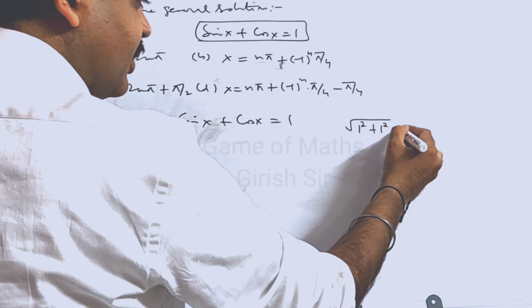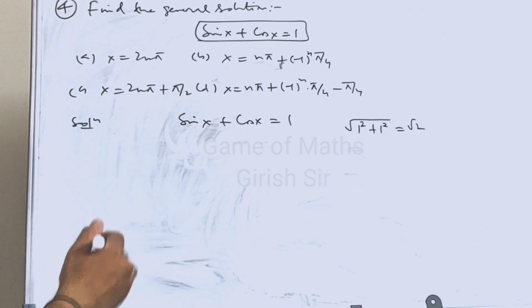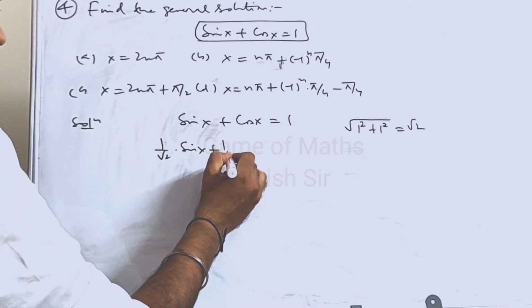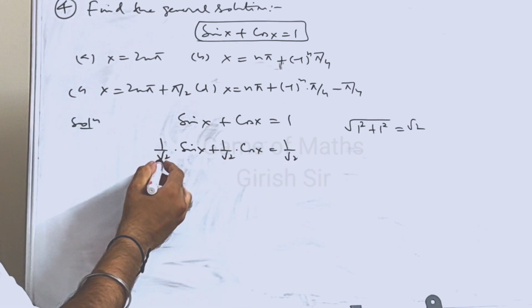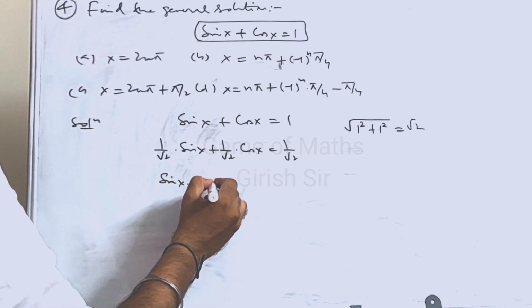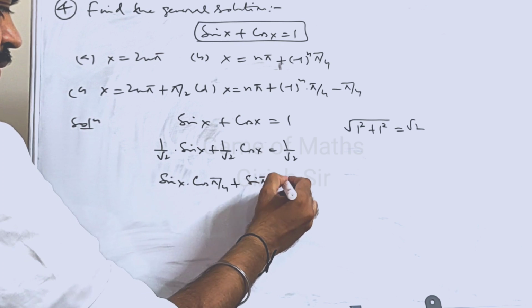So the square root of 1 square plus 1 square is root 2. So we'll divide by root 2 on both the sides. Now we can write 1 by root 2 as cos pi by 4, and similarly here I'll write it as sin pi by 4.